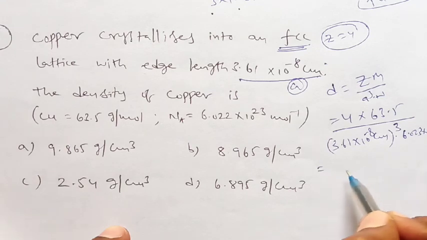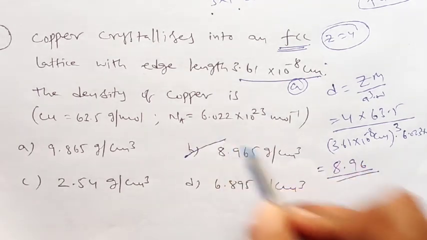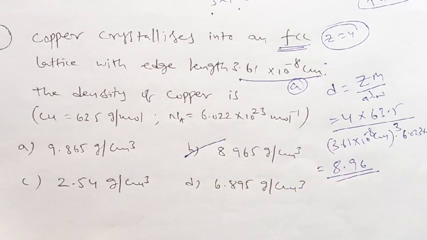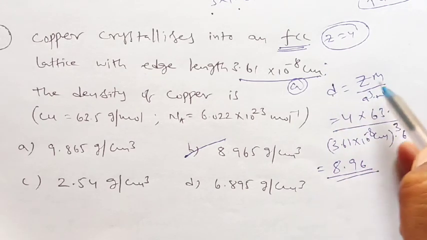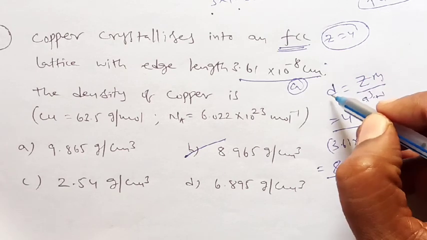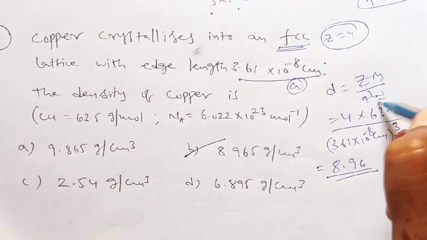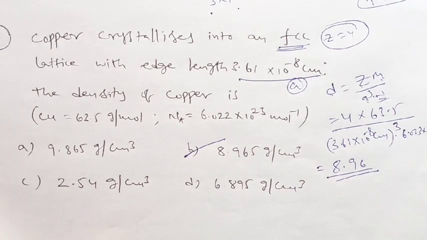Now if you simplify, you will get nearly 8.96, so 8.965. Direct substitution, direct formula. If you observe previous questions, in examinations mostly they give direct formula related questions but with different terms. Suppose sometimes they give the density, M value, a value, and ask for the Z value. Here how many variables are there? D is a variable, Z is a variable, M is a variable, a is a variable. Generally the Avogadro number is fixed. Is it okay? Right. Now look at the next question.